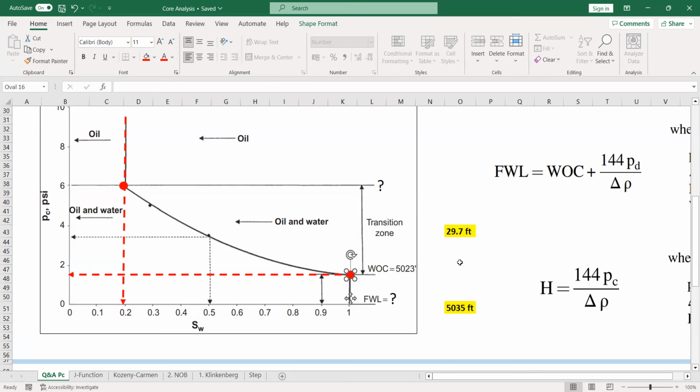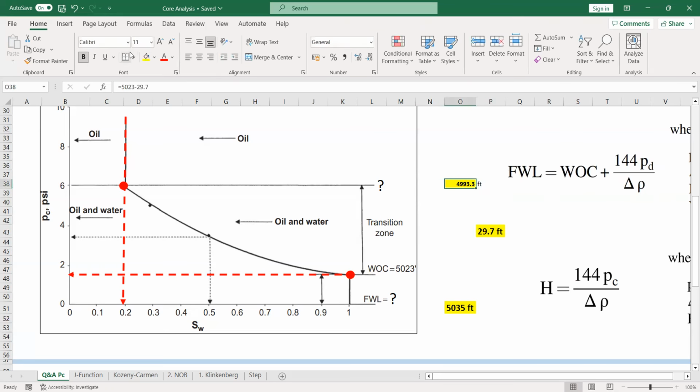Okay, and by the way, I can calculate this location. I can predict this location. So it's very easy. It must be 5,023, the water oil contact, minus the thickness of the transition zone, 29.7 in feet.